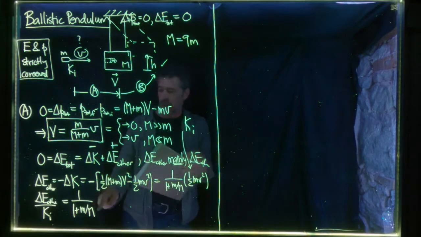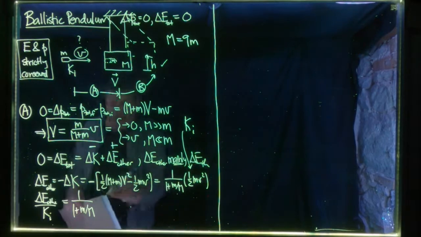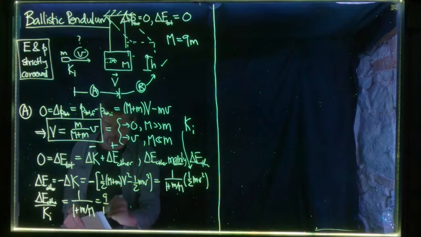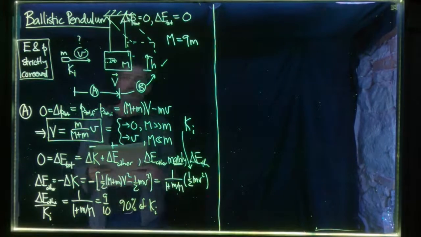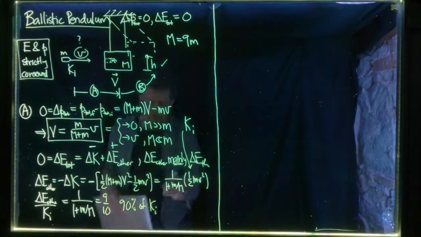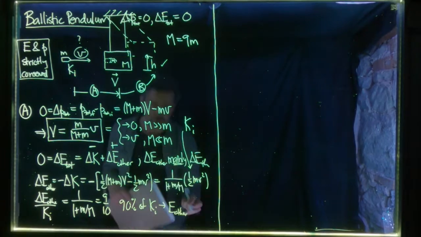Then the ratio is 1 over 1 plus 1/9, which is 1 over 10 over 9, and that is 9 over 10. Which means that 90% of the original energy in the system, which is kinetic energy in the bullet, went into E other, which is mainly thermal energy.